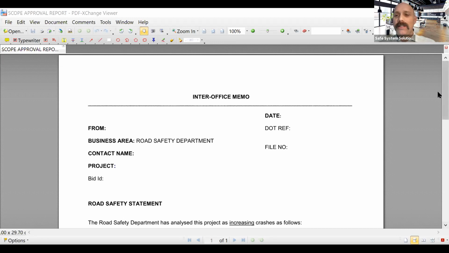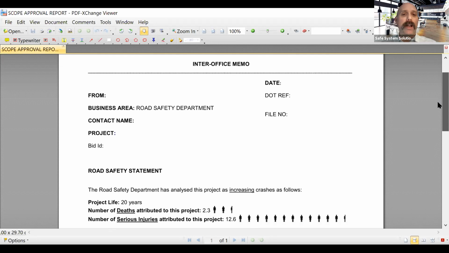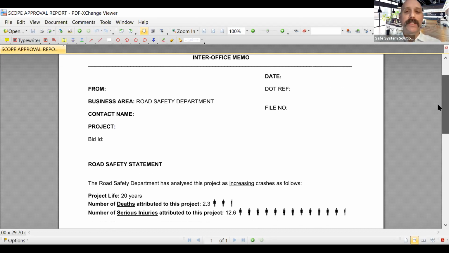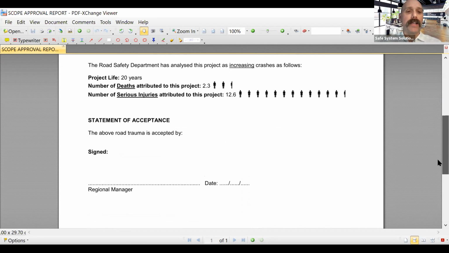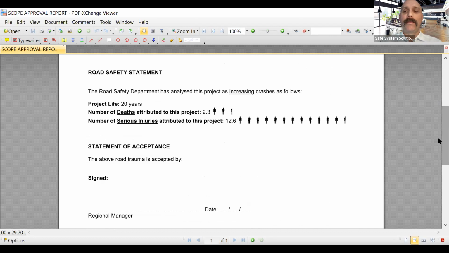So I just started sending back these memos, and I kept this memo partly because of the controversy it caused. This is the template of the memo. The road safety department has analysed this project as increasing crashes as follows.